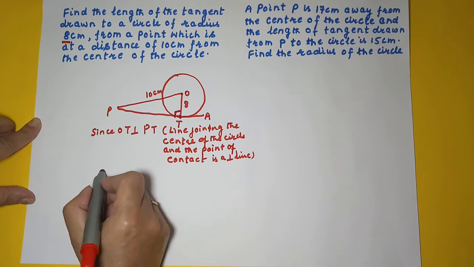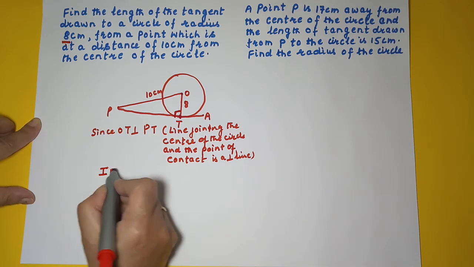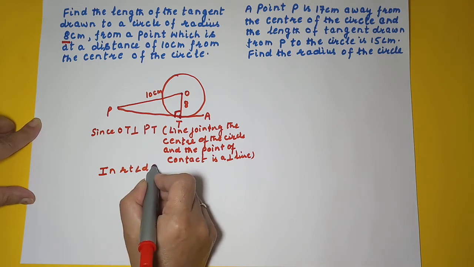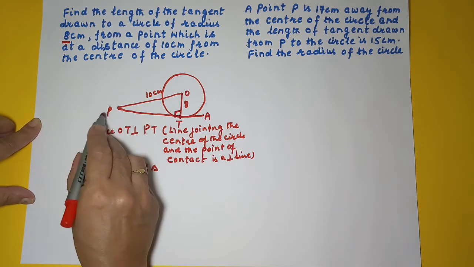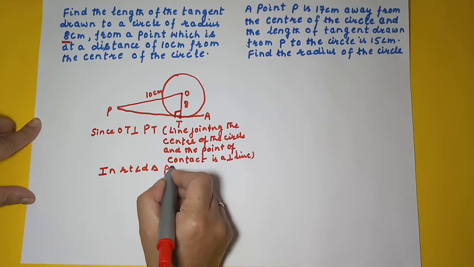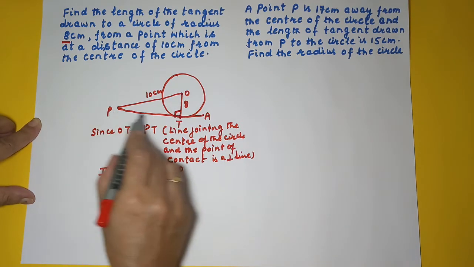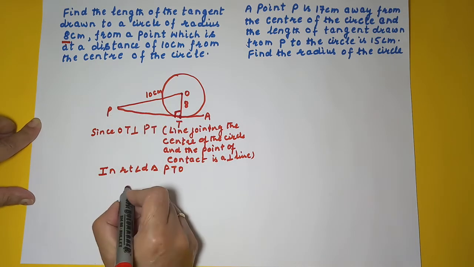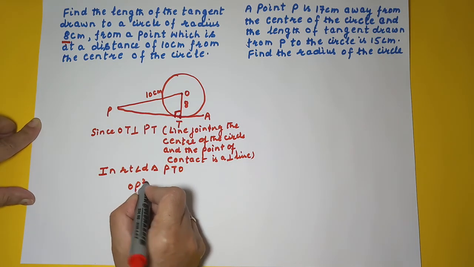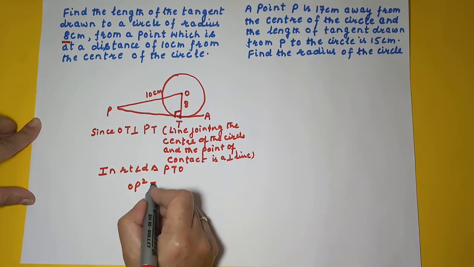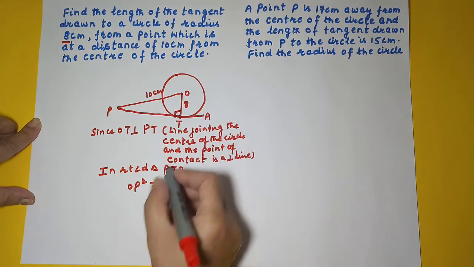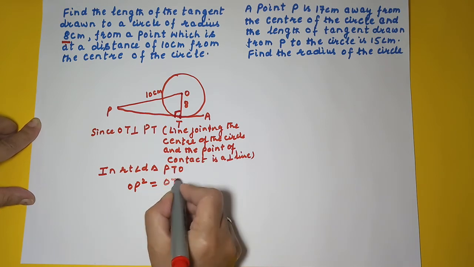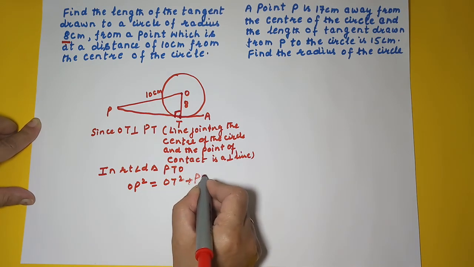Now you have a right angle triangle. In right angled triangle POT or PTO, can we use the Pythagoras theorem here? Yes. What does that say? It says that square of the hypotenuse, OP square is the hypotenuse, is equal to sum of the squares of other two sides, OT square plus PT square.